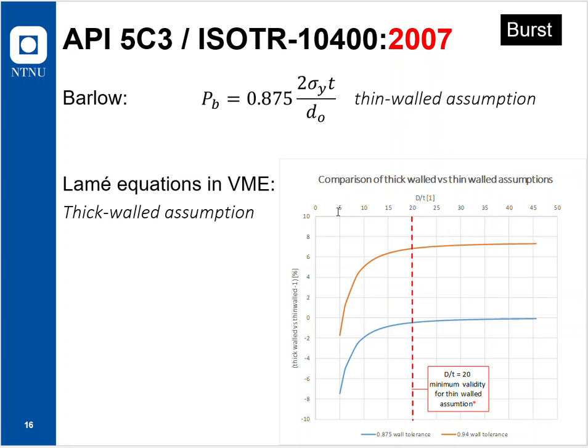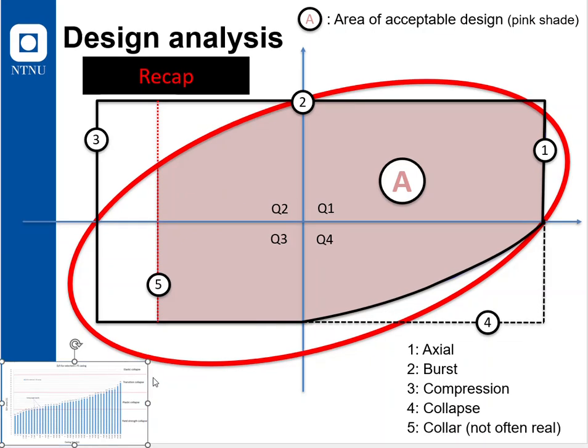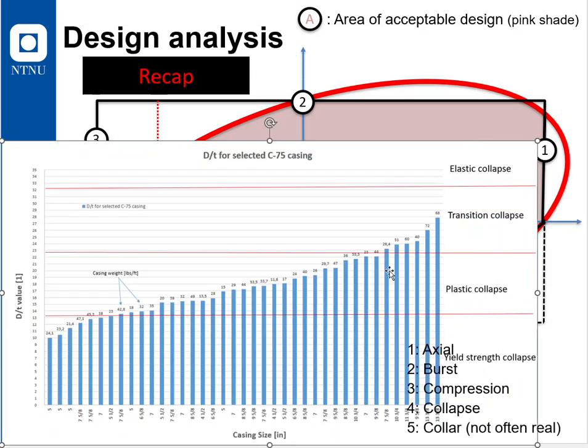And we know that most pipes, if we have a quick look back to our plot here, we see that the D/t ratio of 20 is covering a good portion of our pipes. Between, I say, yeah, these are very thick walled, a lot of them. So it starts around here, 15, 16, our standard pipes are not.